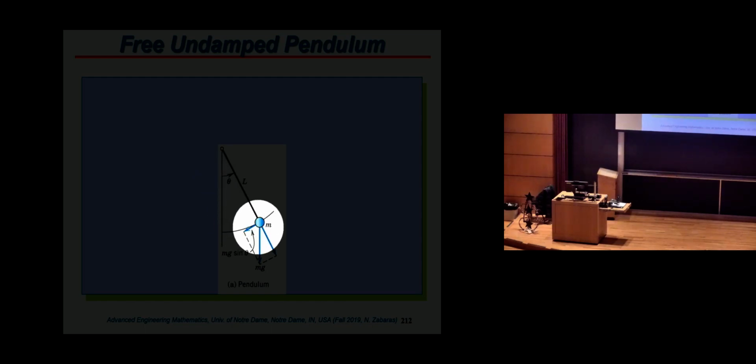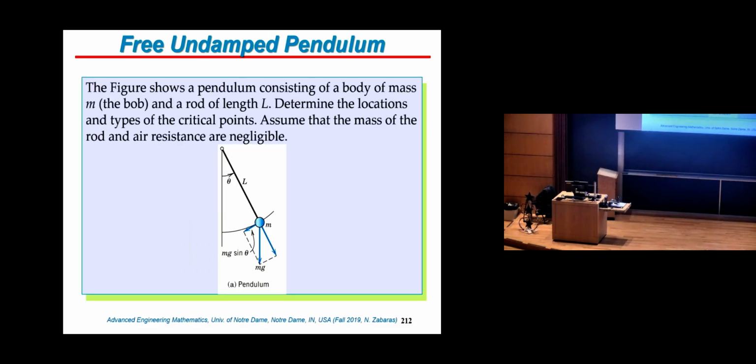So I am taking as a primary variable this angle theta. So you can take the acceleration in this tangential direction, and you can compute it because the velocity is L times the derivative of theta. So you can write Newton's law in the tangential direction. And I'm just going to give you the equation.